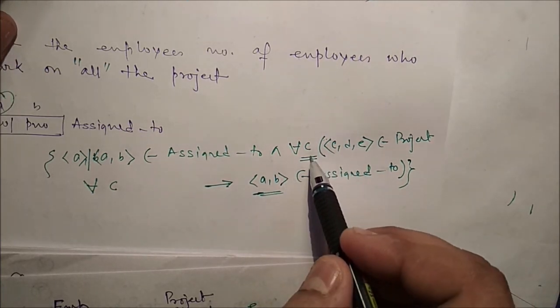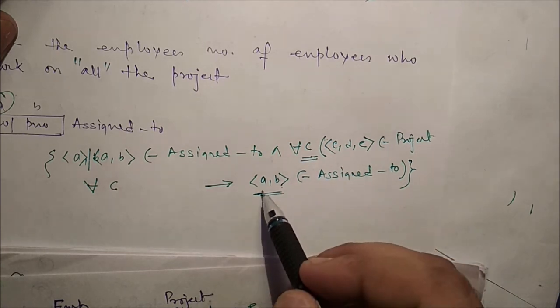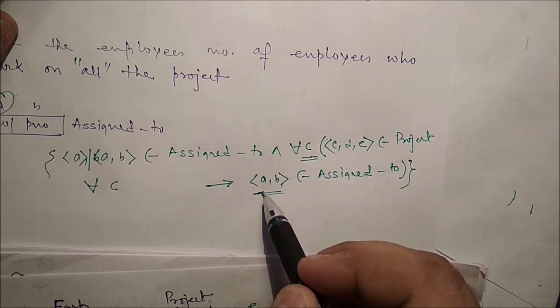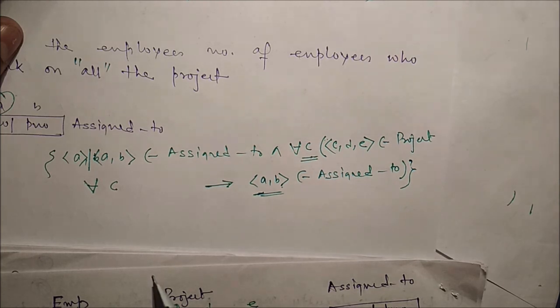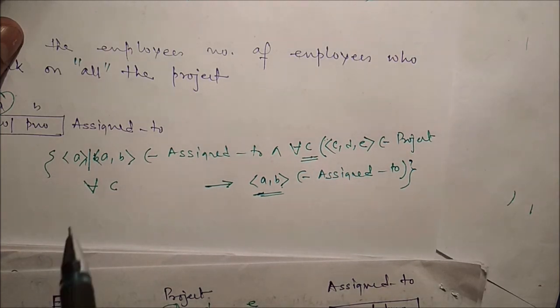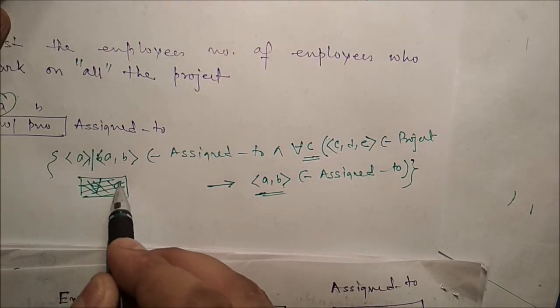That means for all C there must be some B which satisfies the A, and that A we need. So in this way you can implement this particular query.